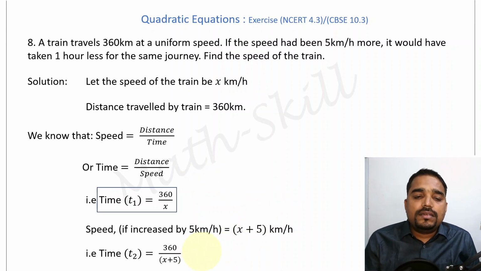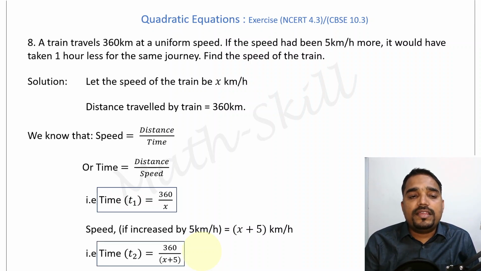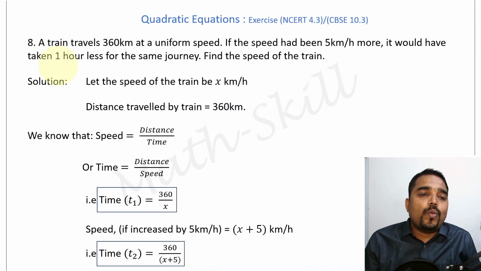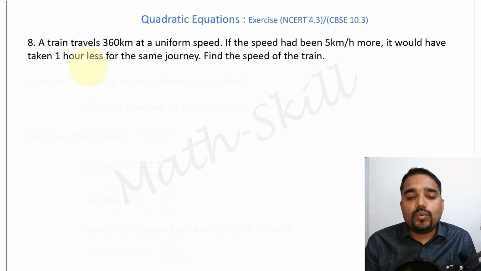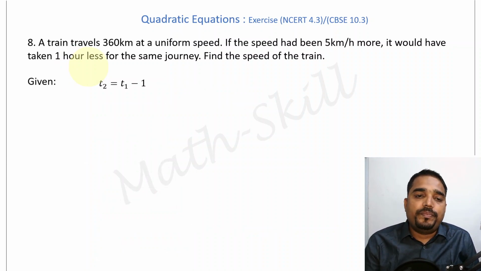Now he says the time taken in the second condition, when the train is traveling at higher speed, is 1 hour less. Now let's build that condition, that is, t2 is equal to t1 minus 1 hour.